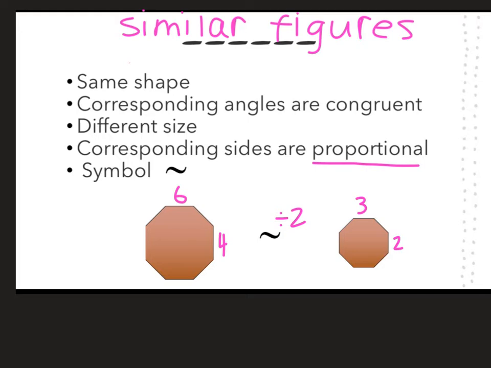So corresponding sides of similar figures are always proportional. And the symbol we use, super important that we know this, for similar figures is that little squiggly line there, and you can see they have it in between the two figures right here.